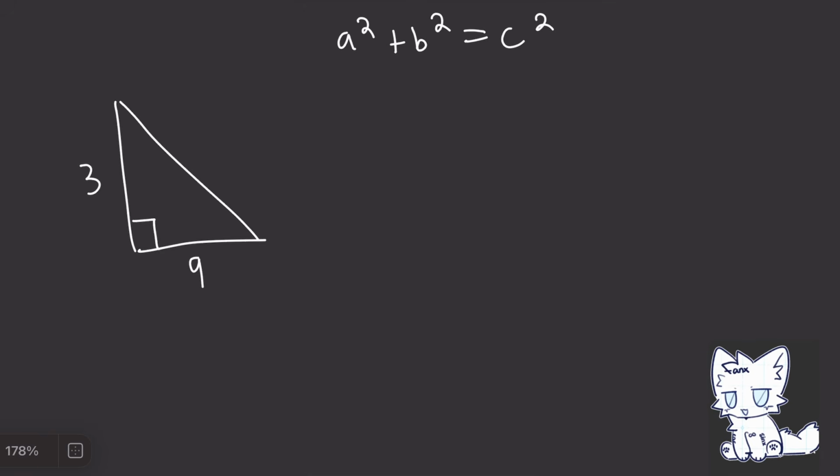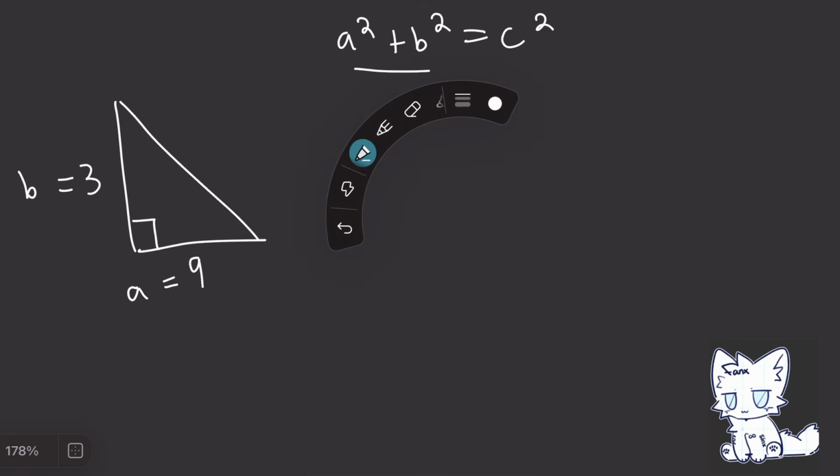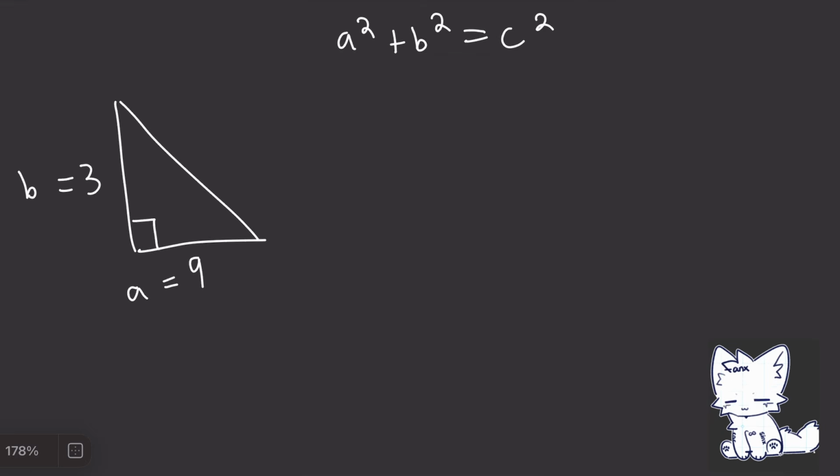So, since we know what a and b are, by the way, these could be interchangeable. So, b could be 3, it could be 9. Unless the problem explicitly tells you what a and b are and where they are, then these are interchangeable because addition is commutative. But we'll see when that changes later on.